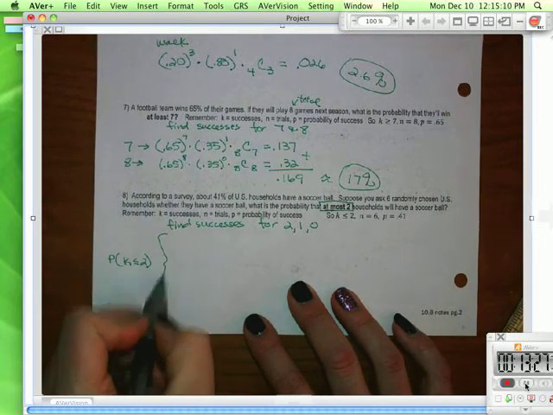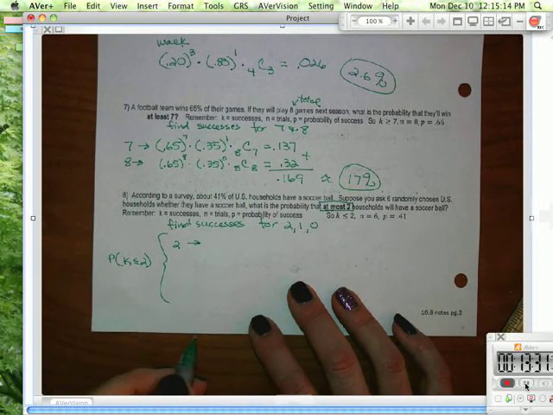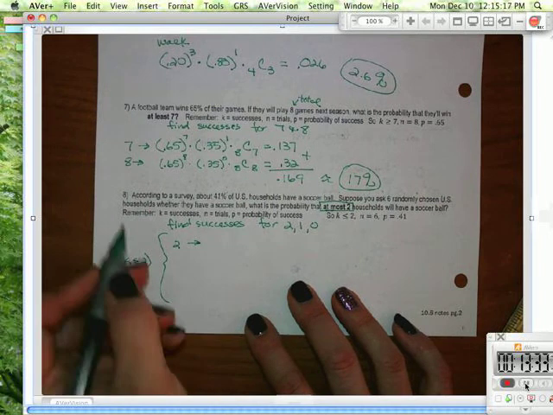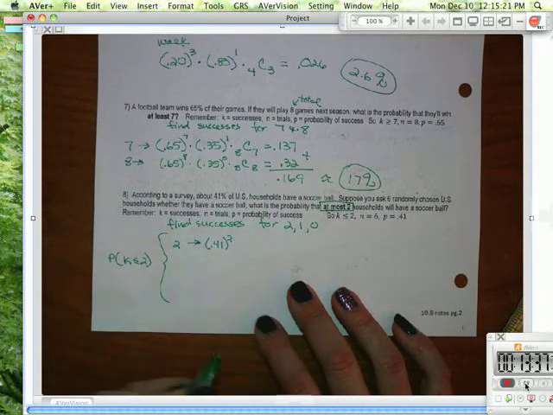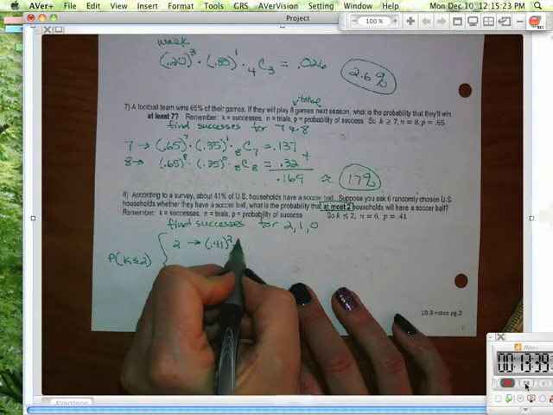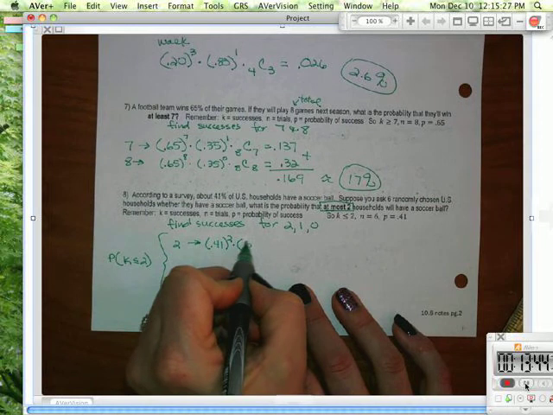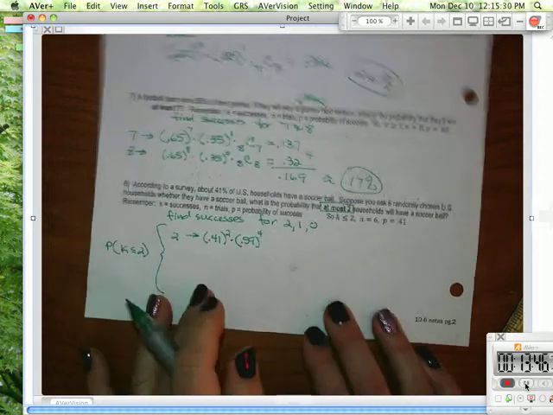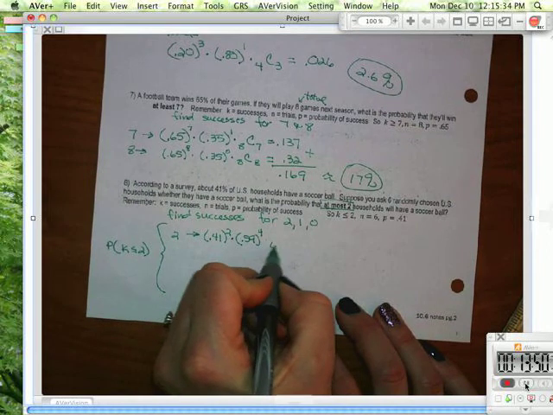First, I'll start with the 2 households owning a soccer ball. So successes is 41%, and we want 2 of those. And out of 6 trials, if only 2 of them have soccer balls, that means that 4 houses don't have soccer balls. That's 59%. Times 6, choose 2.